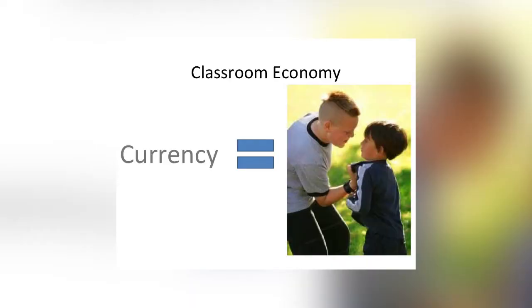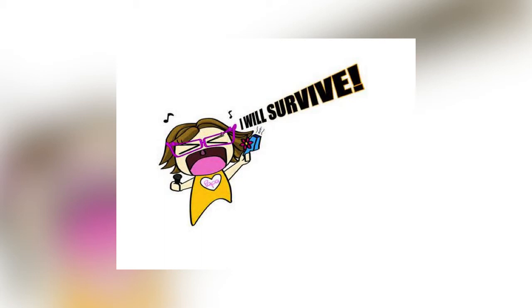That's their currency to acquire their needs. And from their perspective, they see this as their way to survive. Just like an adult in a financial economy sees their way to survive is by going to work.